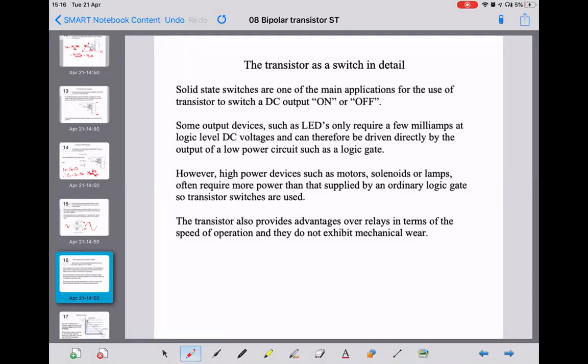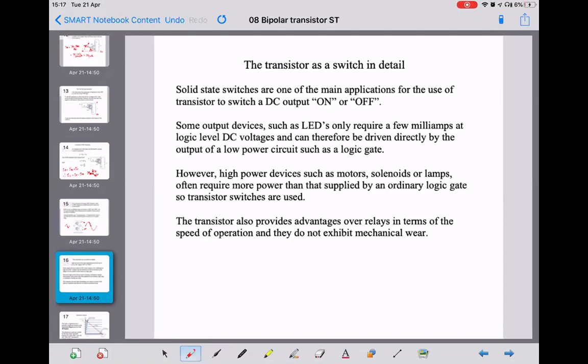However, if you have high-powered devices like motors, solenoids, high-power lamps, etc., then you'd use a transistor to switch them off and on. The other advantage it offers over relays is speed of operation, so they operate much faster than a mechanical switch, and also transistors don't have the mechanical wear, a finite lifetime on the wear of the mechanical parts like you would for a relay.